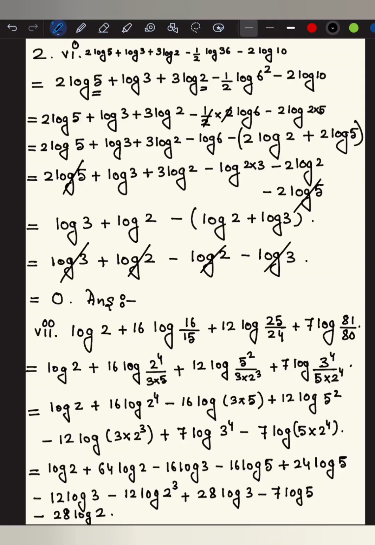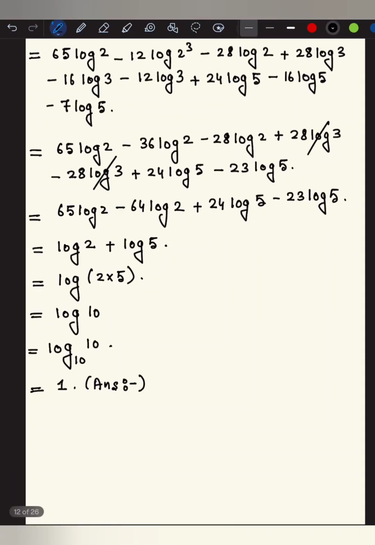This minus 7 log 2 to the power 4, I have written it directly as minus 28 log 2, because this 4 gets multiplied by 7 and it becomes minus 28 log 2. Understood? Which is written here.